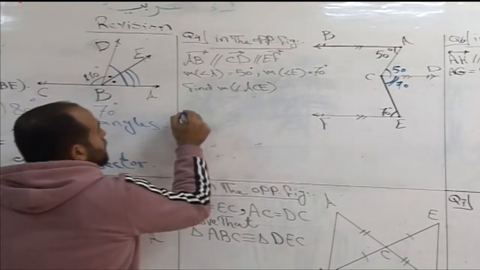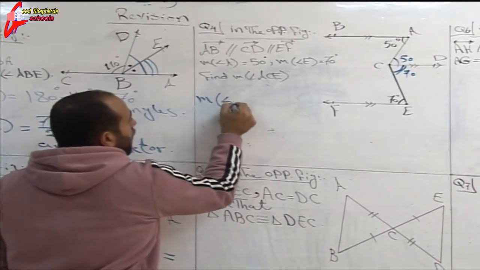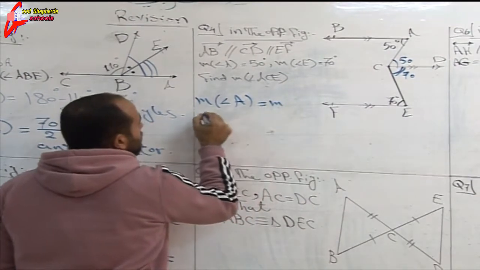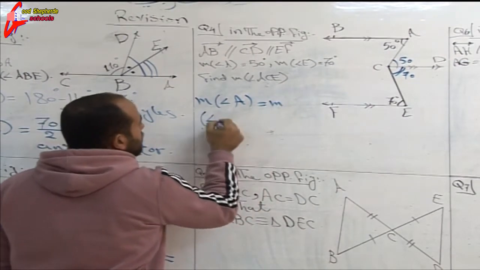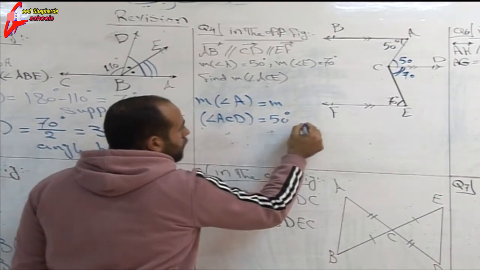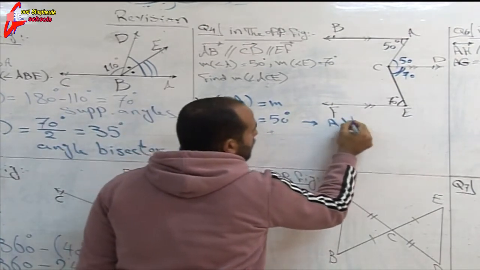First, measure of angle A equals measure of angle ACD equals 50, because they are alternate angles.